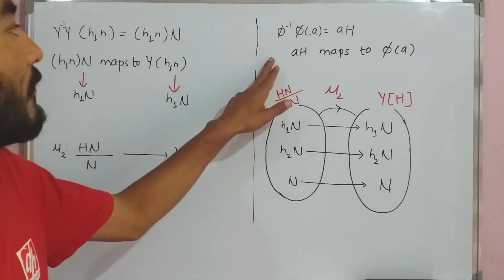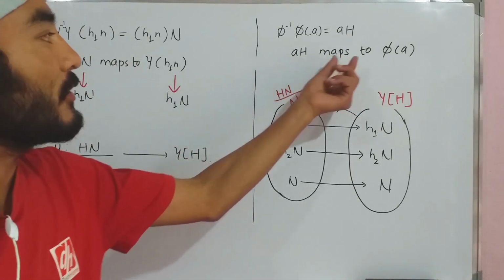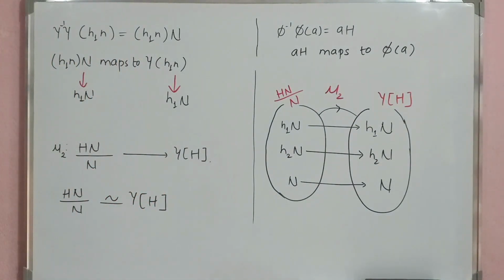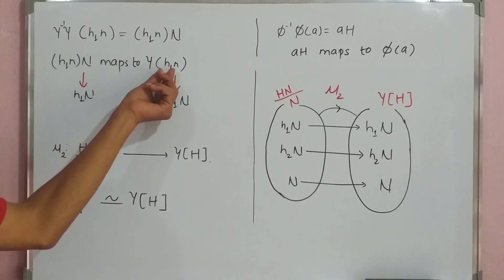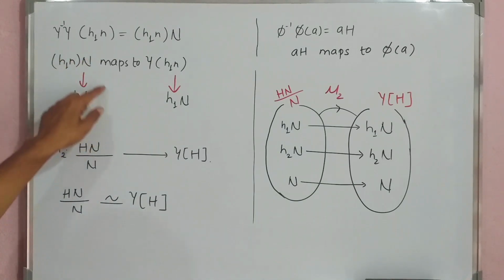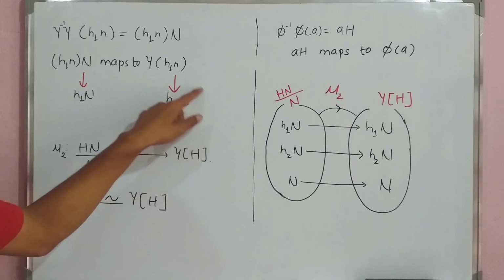This means phi maps the element of the set AK to the element phi A of the range. And with the same argument, gamma maps the element of the set h1nN to the element gamma h1n of the codomain. And we know this set equals h1N, and this set is also equal to h1N.